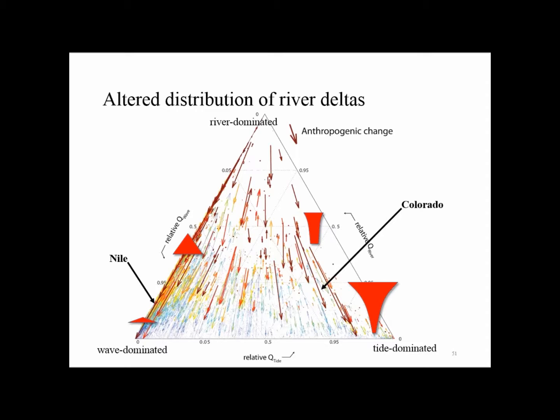So there should be a lot of erosion around the river mouth because of a decrease in fluvial sediment flux. The Colorado went from a slightly tide-dominated or river-dominated delta into a very greatly river-dominated delta, which should increase the river mouth width and make it a bit more funnel-shaped tidal estuary with probably a lot more salt intrusion.